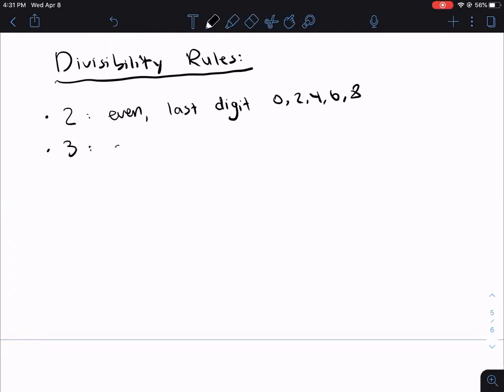So 3, the sum of the digits is divisible by 3. We're going to provide a proof of this next class. Okay, so 4, last 2 digits.